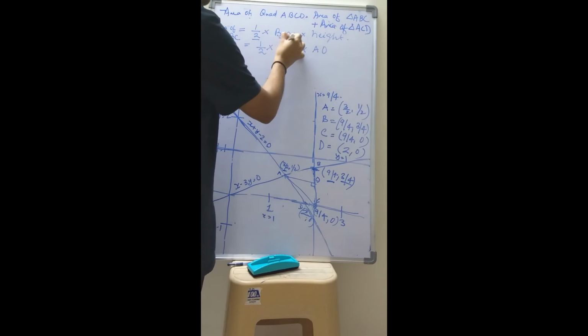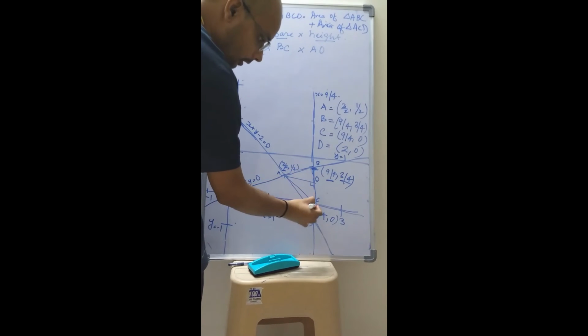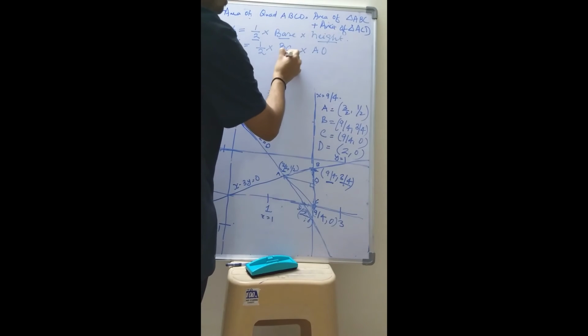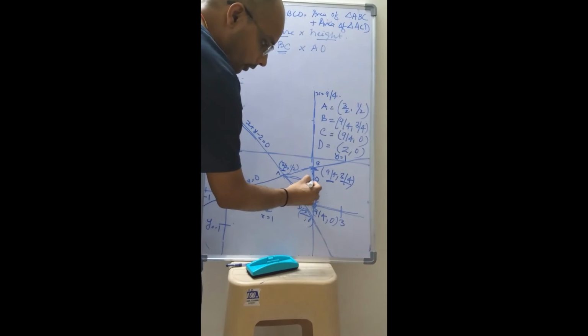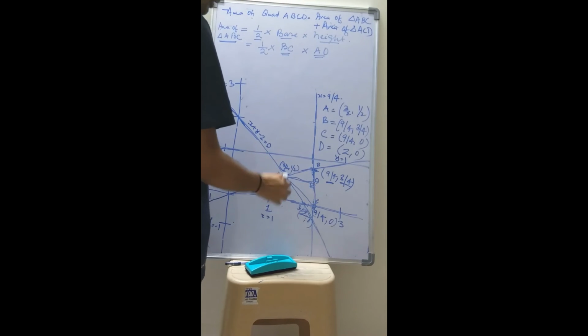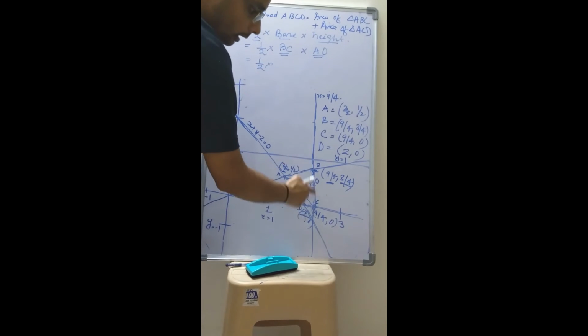It is half into base into height. The base is BC, and the height is the perpendicular on BC, which is AO. So if you get the values of AO and BC, you will be able to find the area.